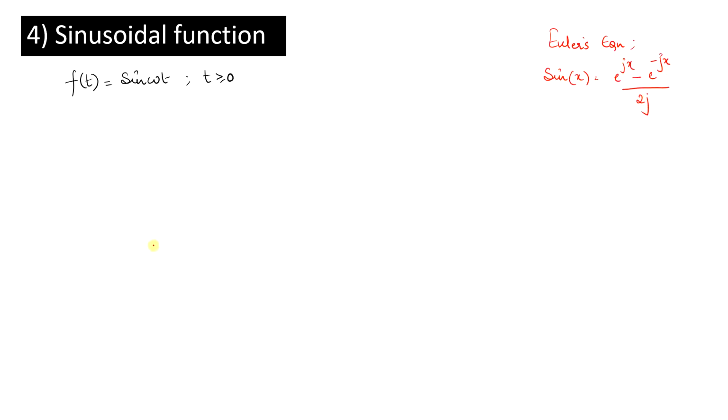So I can write this as 1 by 2j into, in this case x is equal to omega t, e power j omega t minus e power minus j omega t.